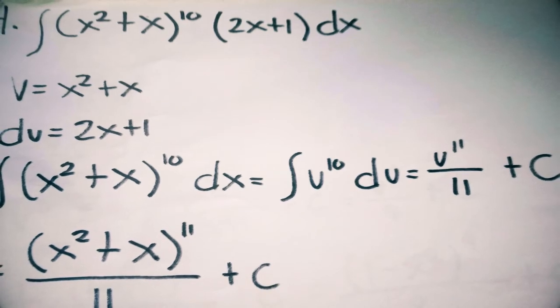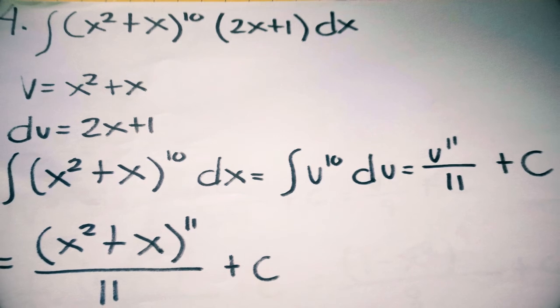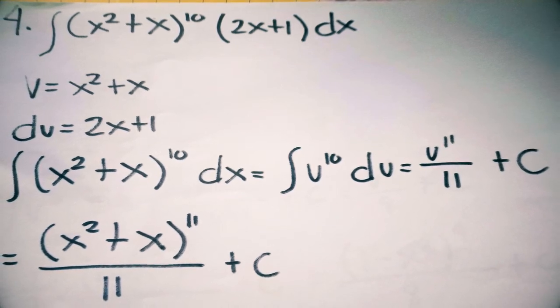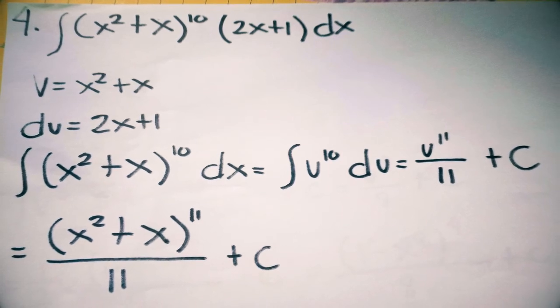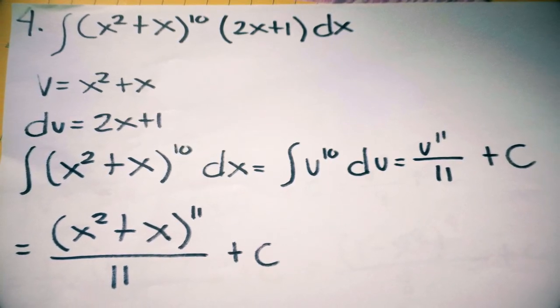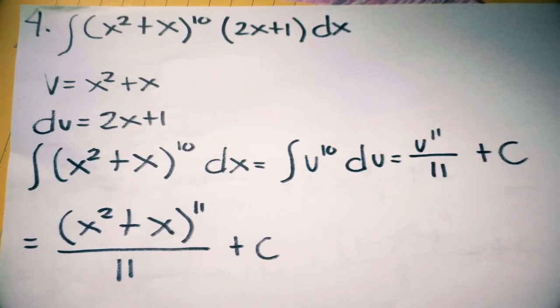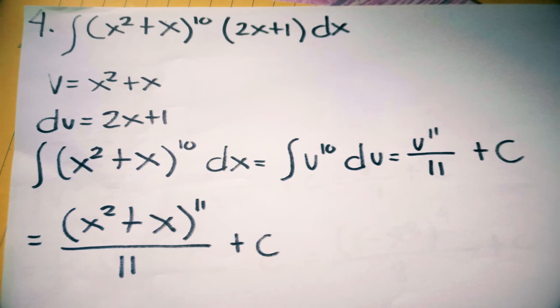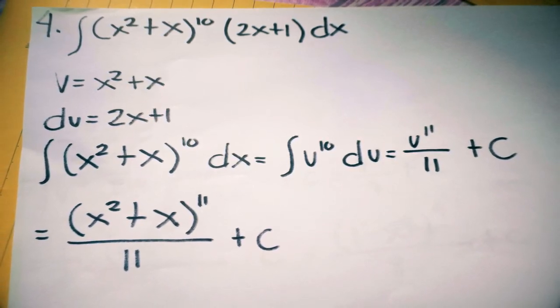Number 4, the integral of the quantity x squared plus x raised to the power of 10, multiplied by the quantity 2x plus 1, dx, where u equals x squared plus x and du equals 2x plus 1.